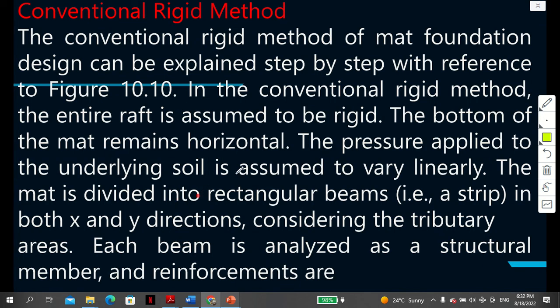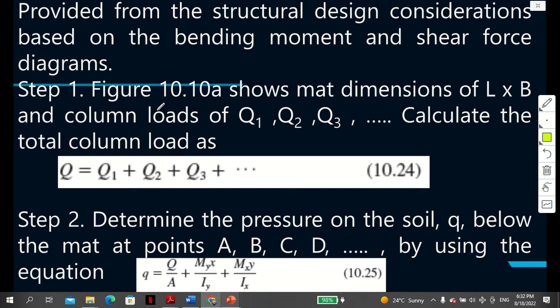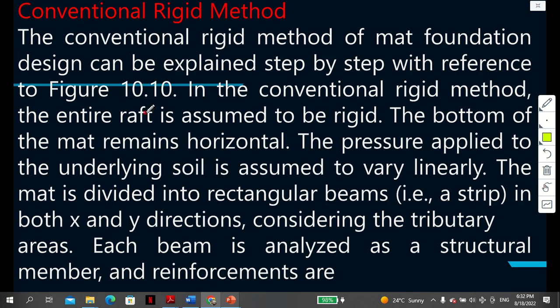So the conventional rigid method of mat foundation design can be explained step by step with reference to figure 10.10. In the conventional rigid method, the entire raft is assumed to be rigid. The bottom of the mat remains horizontal. The pressure applied to the underlying soil is assumed to vary linearly, and the mat is divided into rectangular beams, i.e. strips in both x and y direction, considering tributary areas.